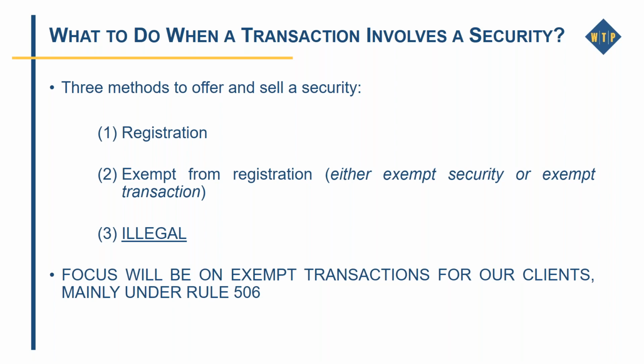And then the third option of how to sell a security is doing it illegally, which is what we're trying to avoid. So the bottom line is you either need to register the security that you're selling, or you need to find some exemption that applies to that sale of the security.